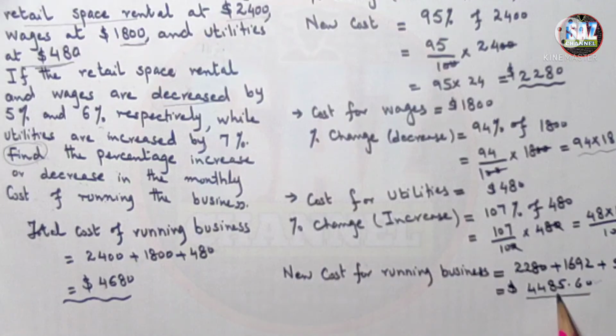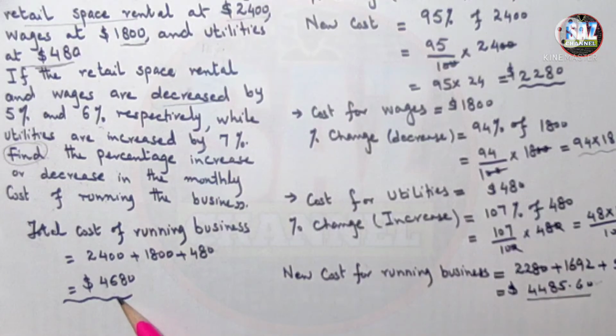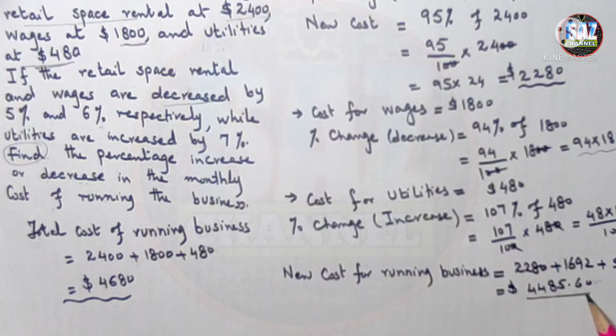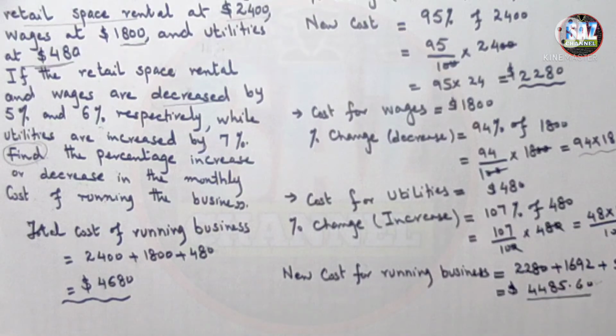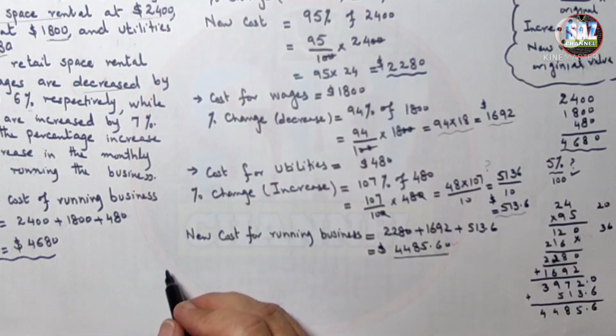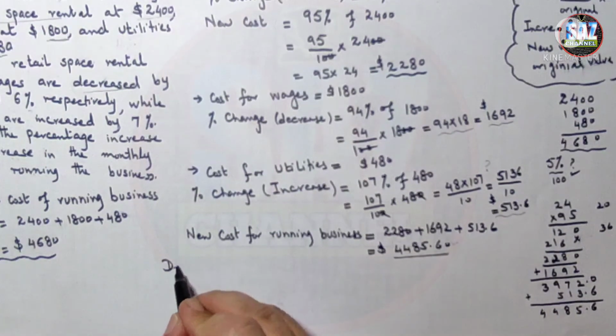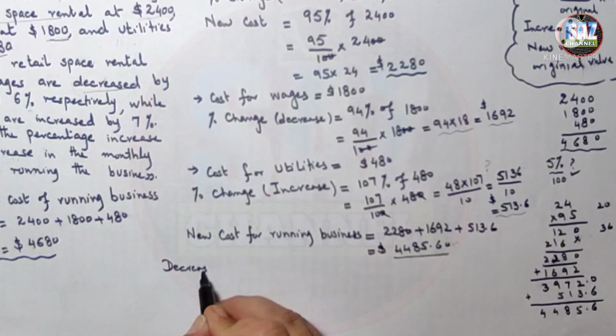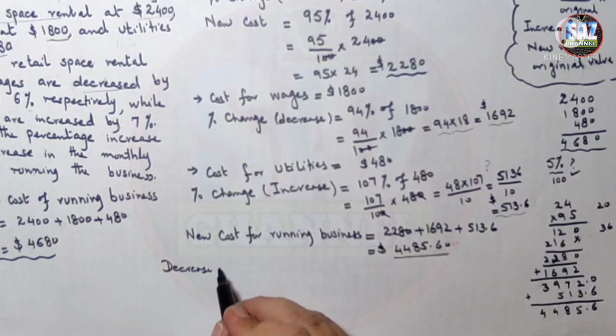As we can see that the new total cost is less than the previous, so we will have a percentage decrease. So we are going to find the decrease in the cost of running, the decrease in monthly costs.